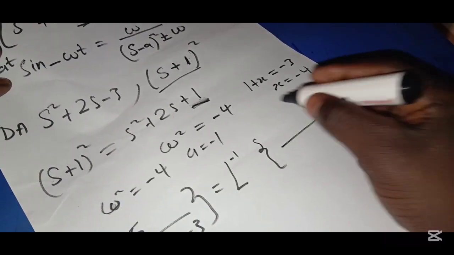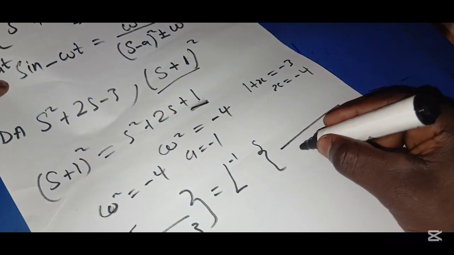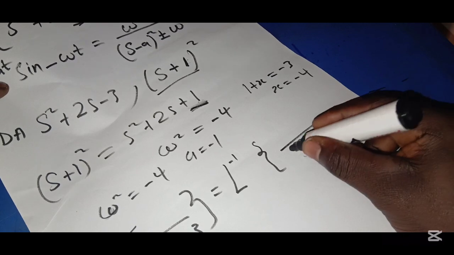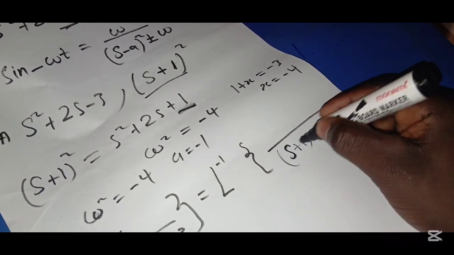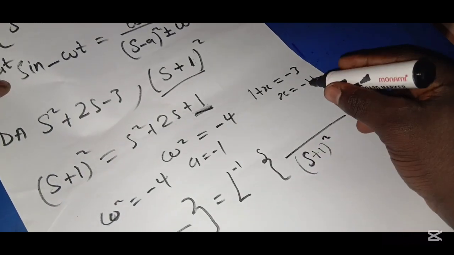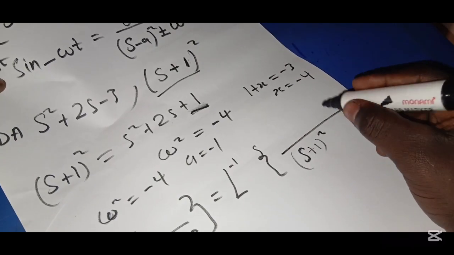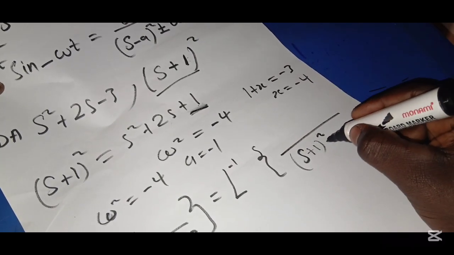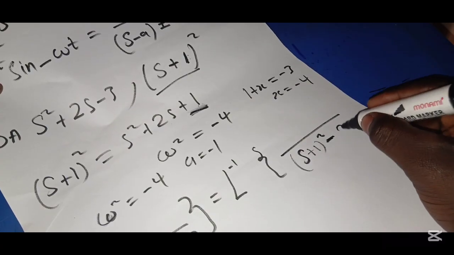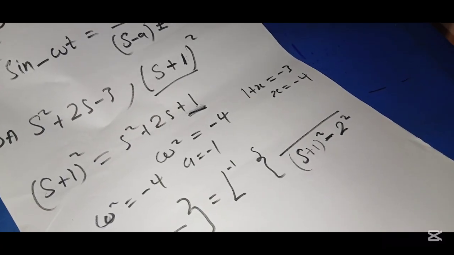Our denominator is s plus 1 squared. So s plus 1 squared, and our omega squared value is minus 4. So minus 4, we can write 4 as 2 squared.